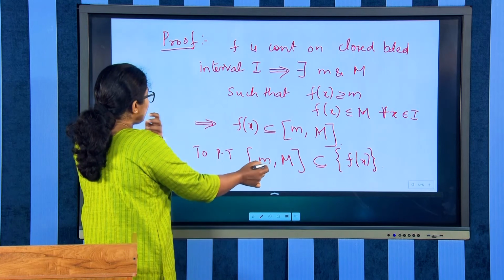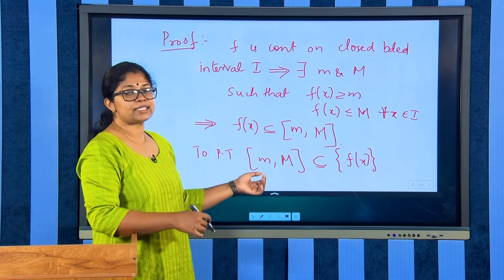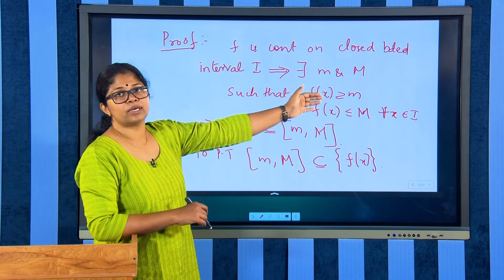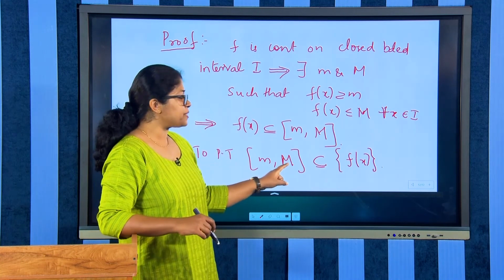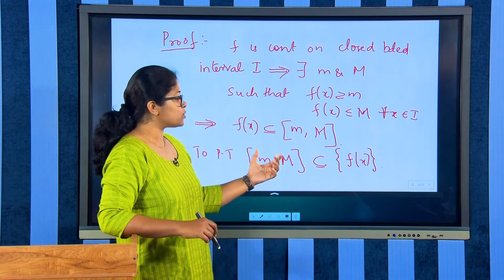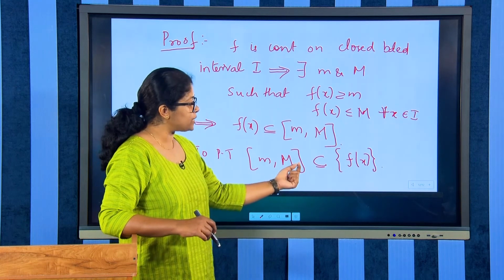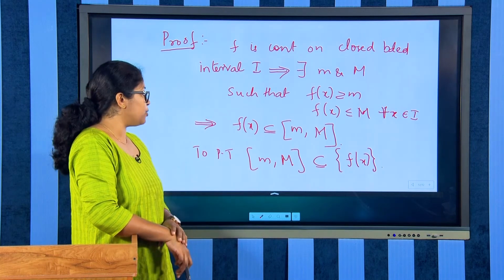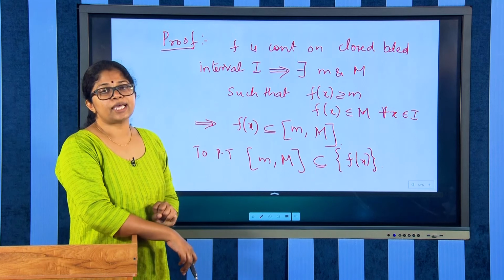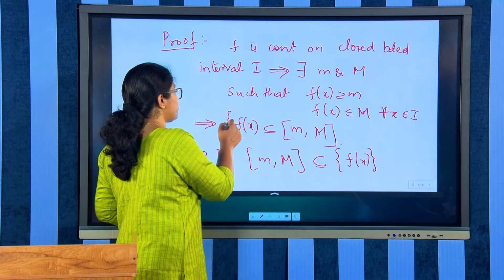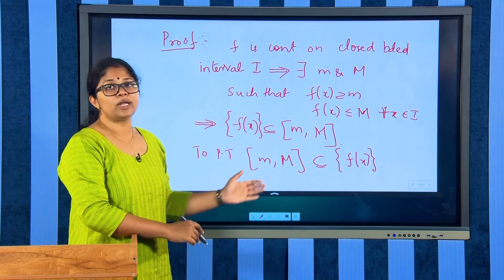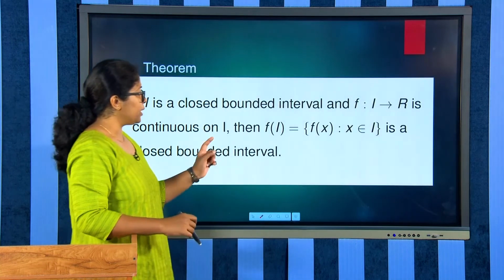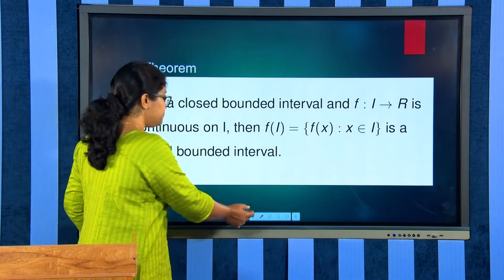So you take any value between small m and capital M. Small m is exactly equal to the infimum that we discussed in the proof of the maximum minimum theorem, and capital M is exactly equal to the supremum, so it follows from the corollary, by using Bolzano's intermediate value theorem, that small m, capital M is contained in f of I. These two together show that f of I is exactly equal to the closed interval small m, capital M. So that is the proof of this result.